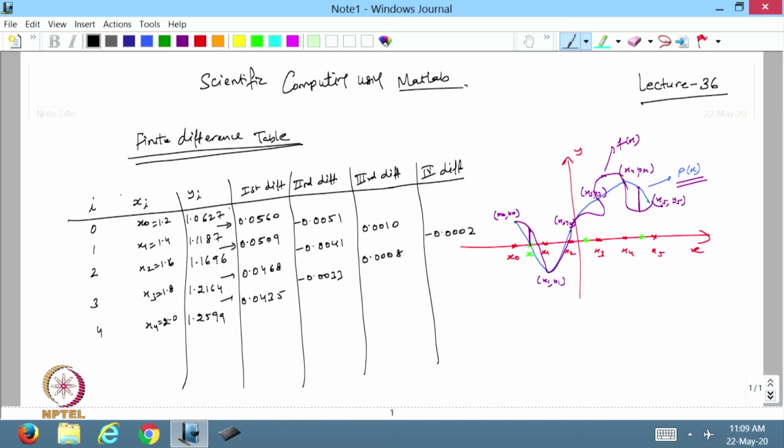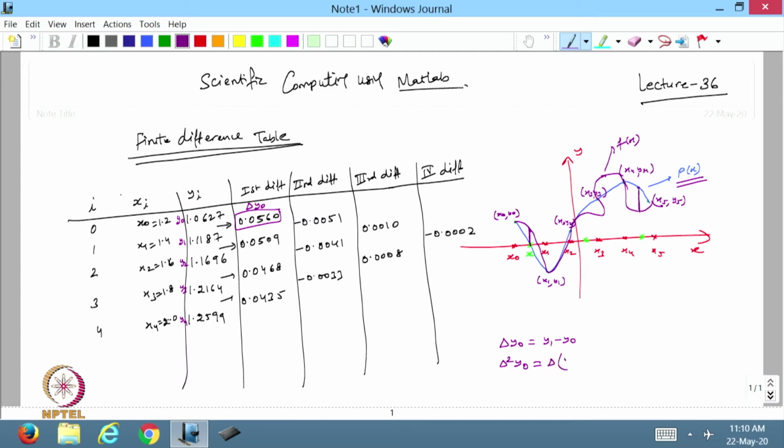Now, from here you can see that this value is basically y0, this is y1, y2, y3 and y4. Now, what about the forward operator of y0? This will be y1 minus y0. So, this is y1 minus y0, and from here I can say that this is the forward operator on y0. What about the second forward operator of y0? Again, I am taking 2 times of this.